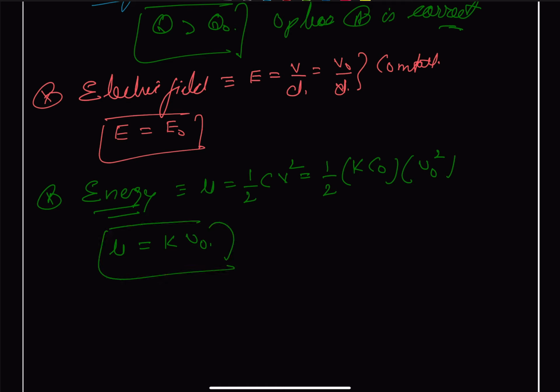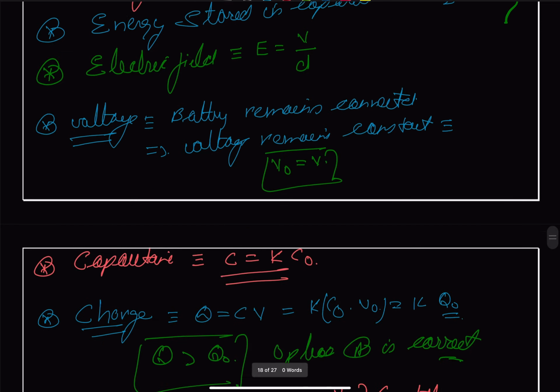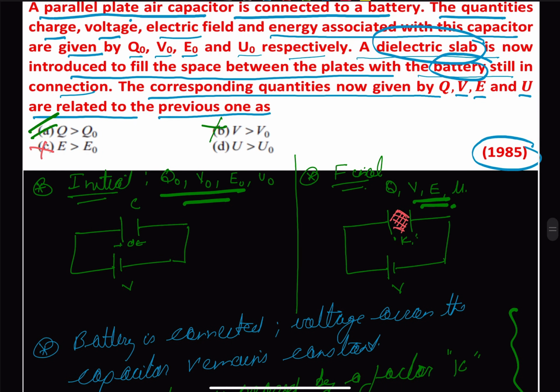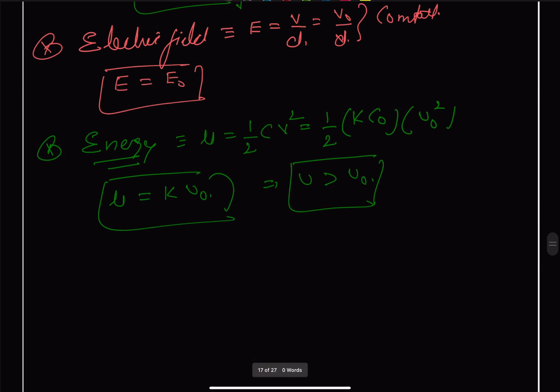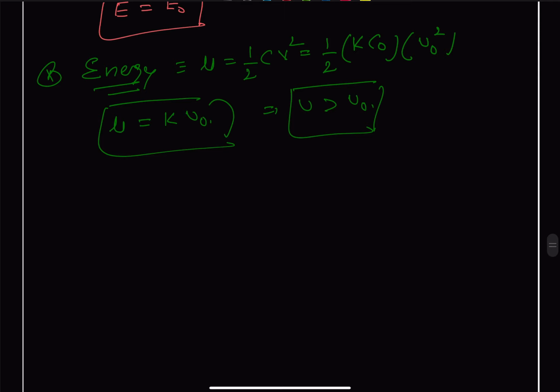So it means our U is also greater than our U naught. So energy is also going to increase. And option number D is also a correct one. Option D is correct.